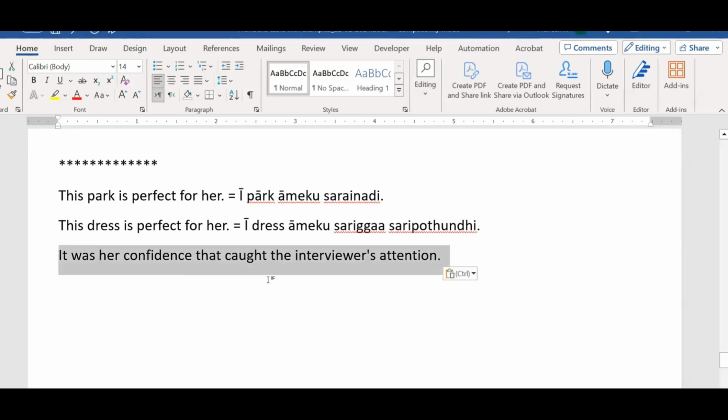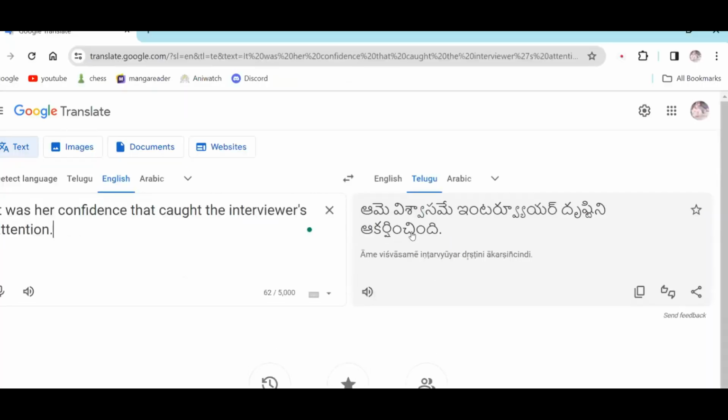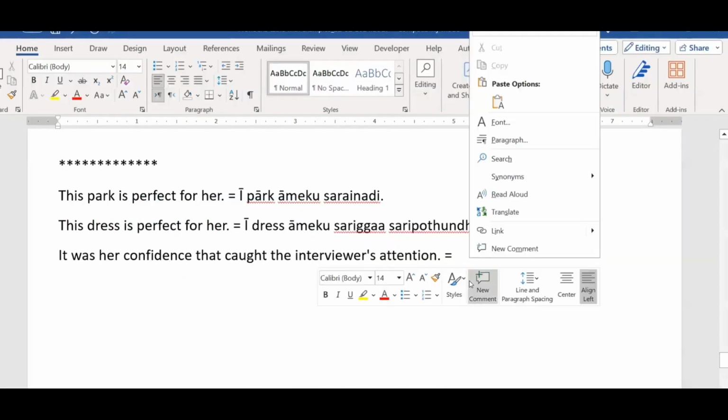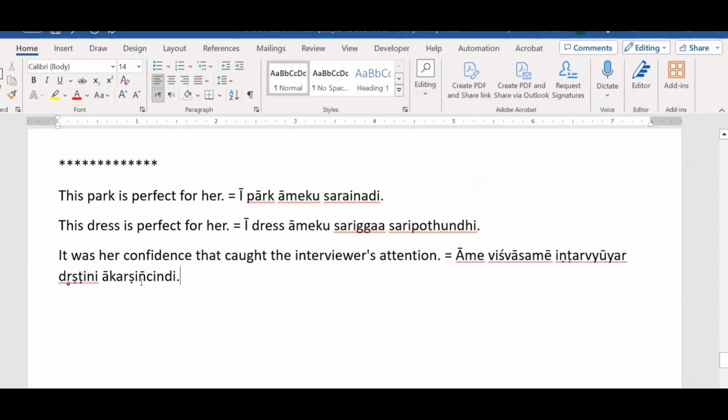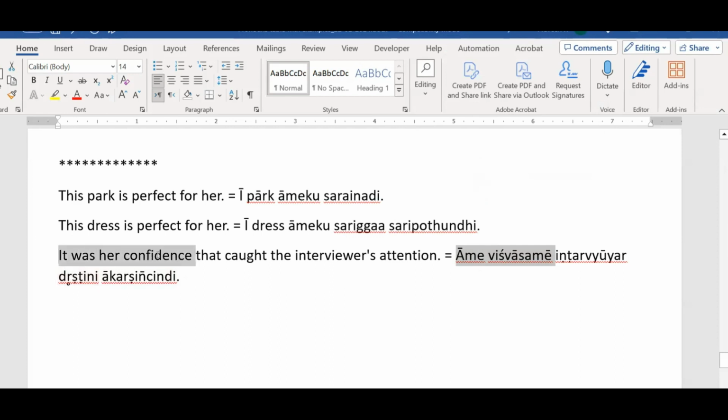So here, "it was her confidence" means "Ame Viswasame". But here "Ame Viswasam" is enough. Confidence means "Viswasam", her means "Ame".